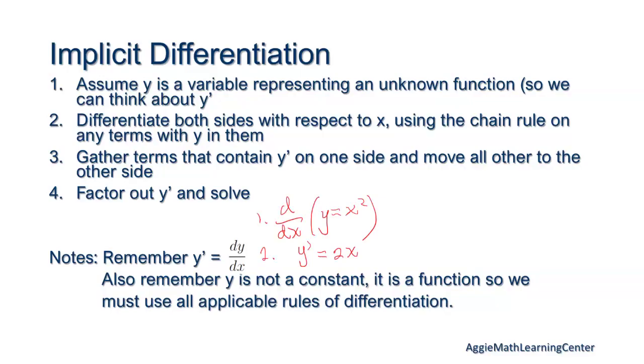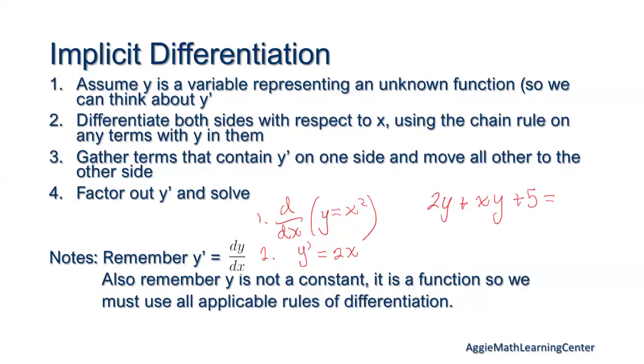Then once you have your derivatives, you're going to solve for y prime. One thing I forgot to mention in the step before is as you're taking the derivative, every term that has a y derivative gets tagged with a y prime at the end. That's because we don't know what that extra part of y is.